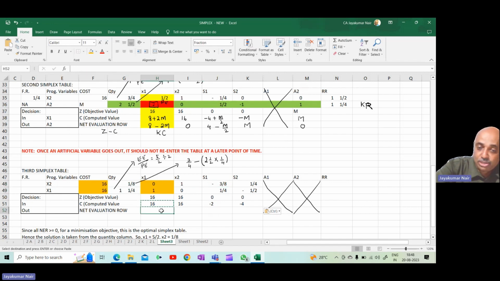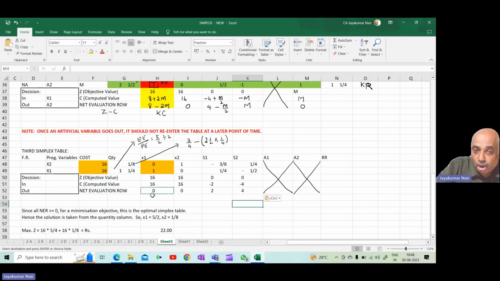Now I will calculate the net evaluation row, that is C, Z minus C. I get 0, 0, 2, and 4. Because it is a minimization problem, you have got all the NER values 0 or greater than 0.